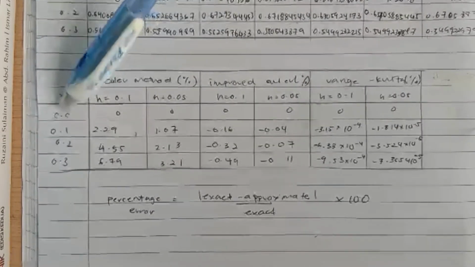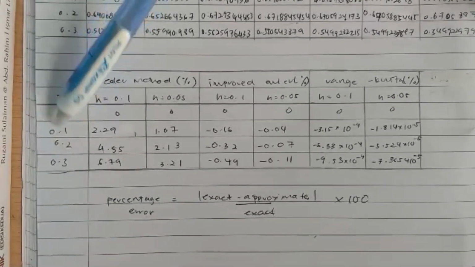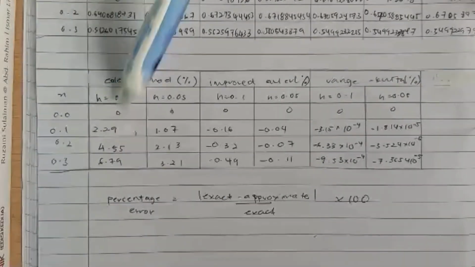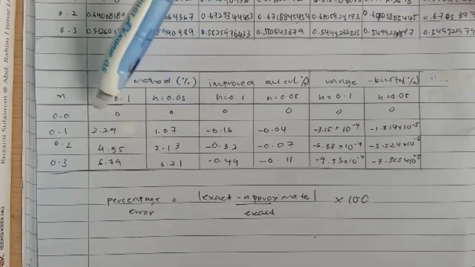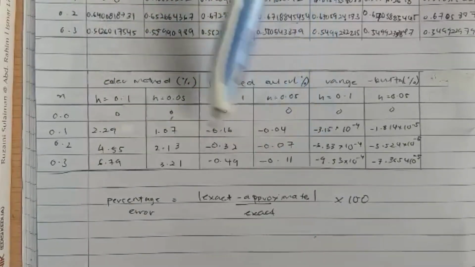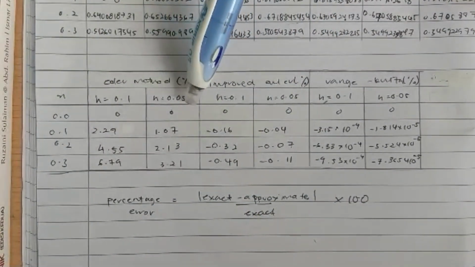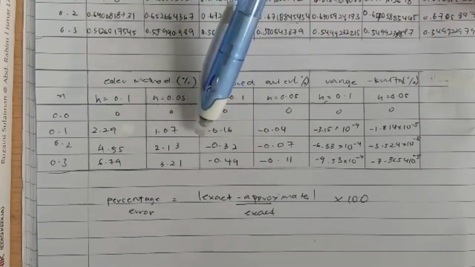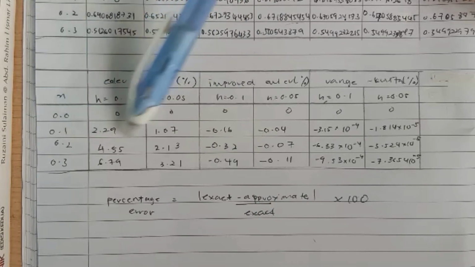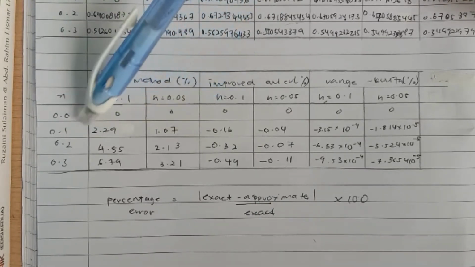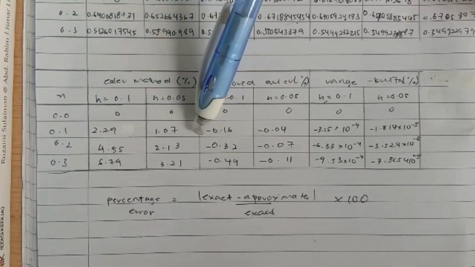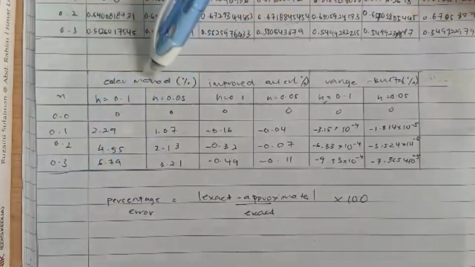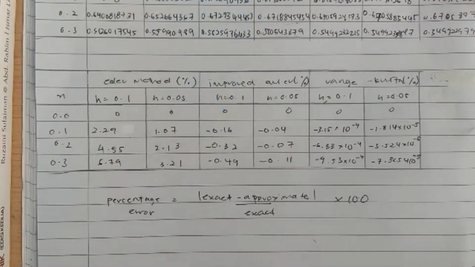And for x equal to 0.2 and x equal to 0.3, we can see that the percentage also becomes bigger and bigger for h equal to 0.1. But h equal to 0.05 proves that it's more accurate because the percentage of error at x equal to 0.1 is 1.07, which is smaller than the 2.29. But as the value of x increases, the percentage of error also increases.